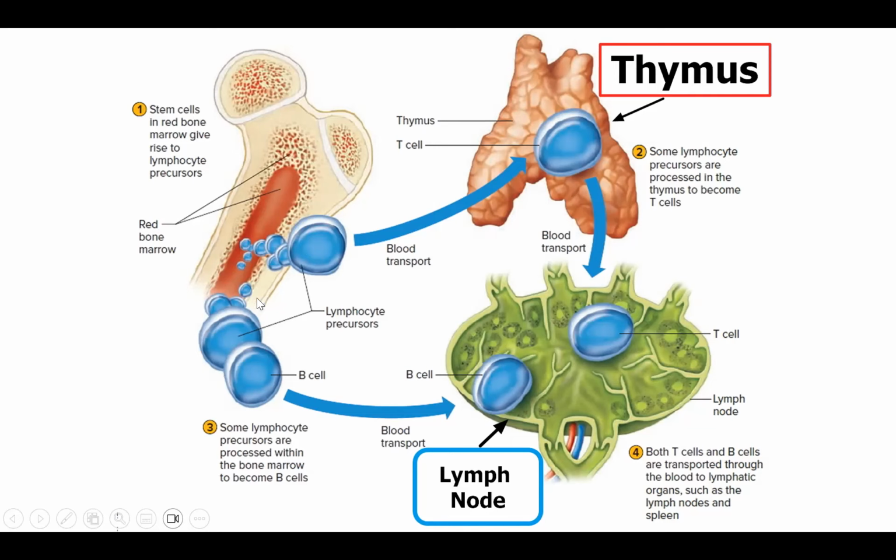So in the bone, you have marrow, right? And some of that is yellow marrow, and you have red marrow, right? So you have the stem cells in the red marrow give rise to the lymphocyte precursors. All right.